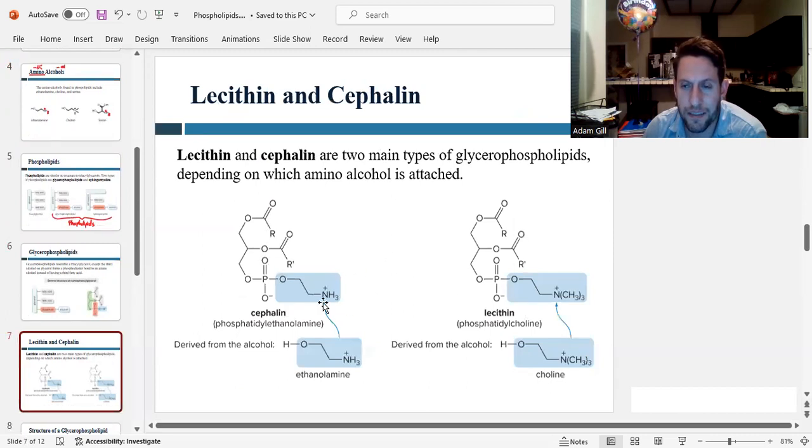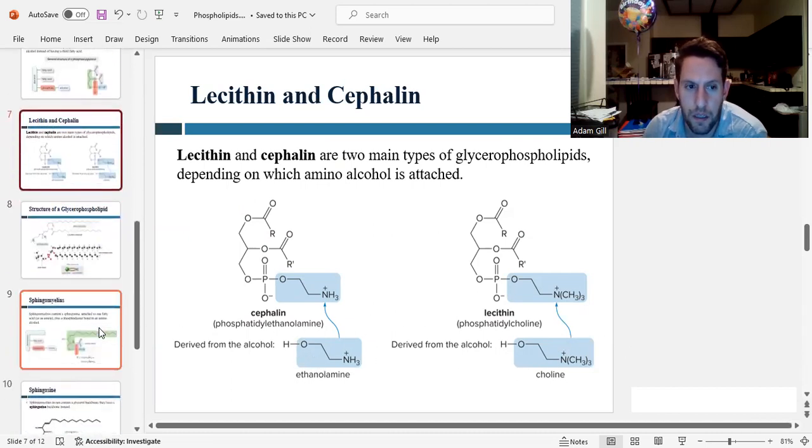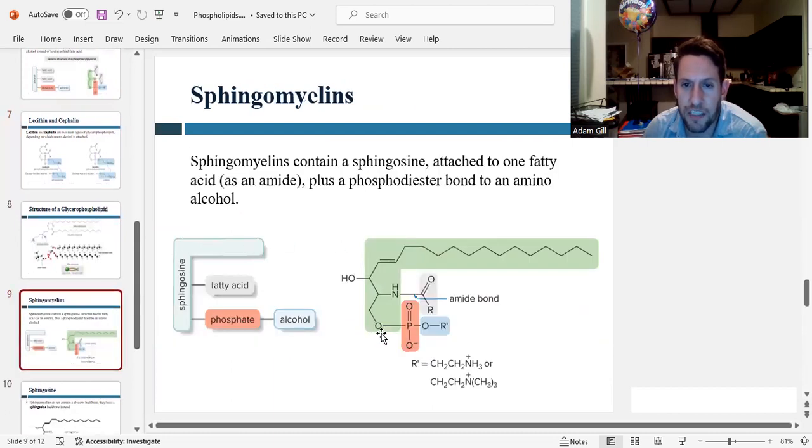Lecithins and cephalins are the 2 types of glycerophospholipids, depending on if you use ethanolamine or choline. And sphingomyelins have sphingosine, 1 fatty acid attached as an amide, and then you have the phosphodiester with the amino alcohol. So that's the structure of the 2 types of phospholipids.